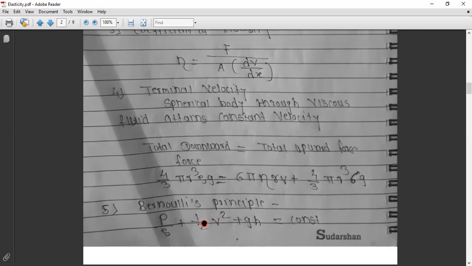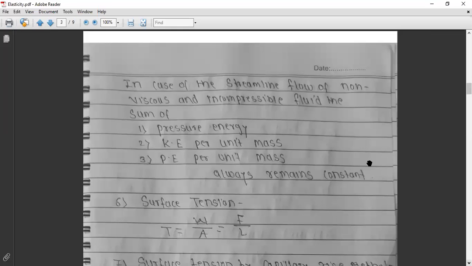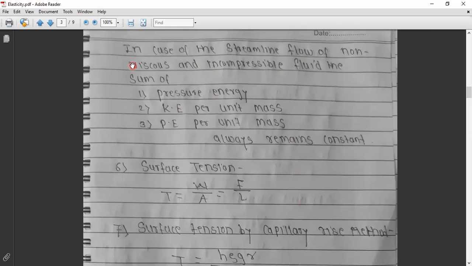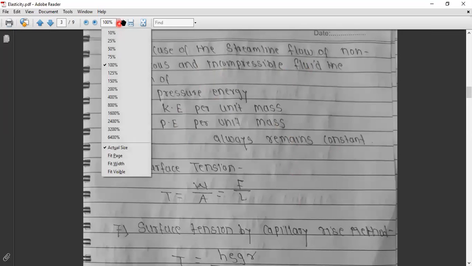This is the statement of Bernoulli's principle for the streamline flow of non-viscous and incompressible fluid. The algebraic sum of these three types of energies remains constant. Next concept is related to surface energy.